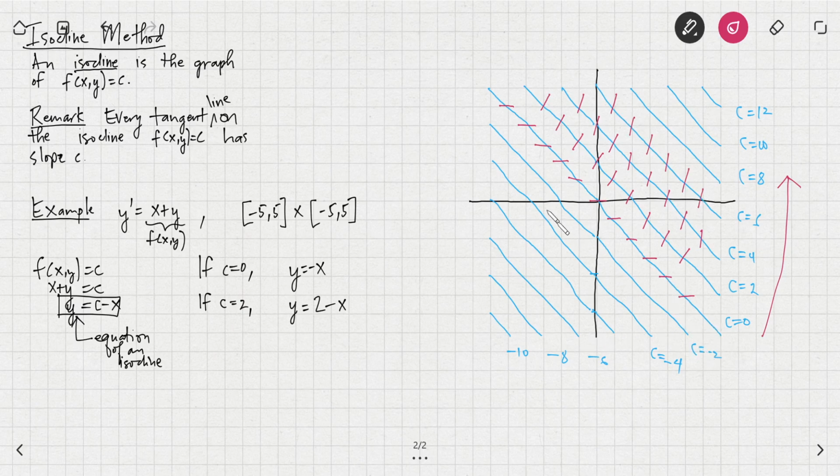So dito naman, negative 2. Or rather, maybe like this.